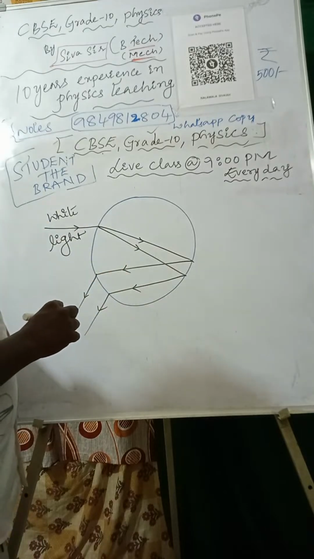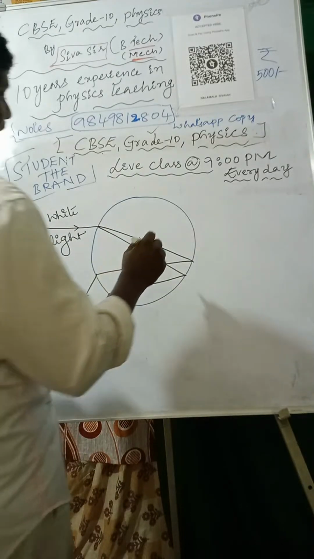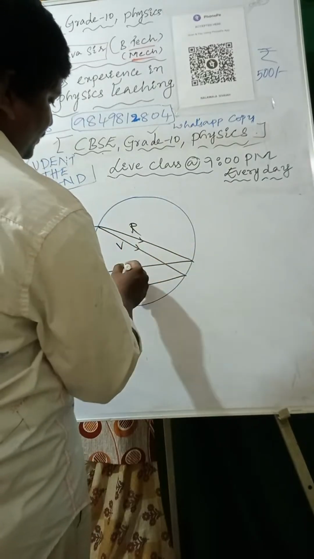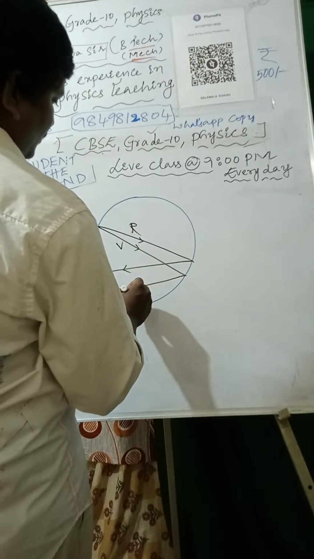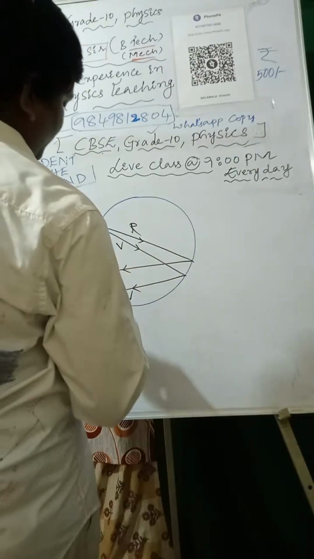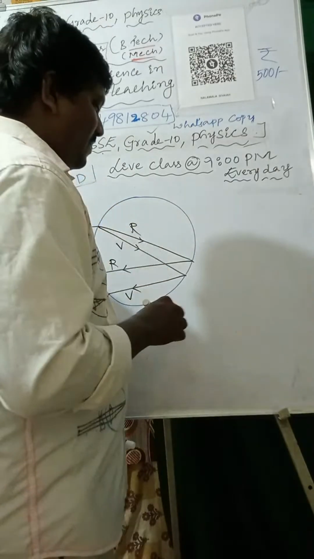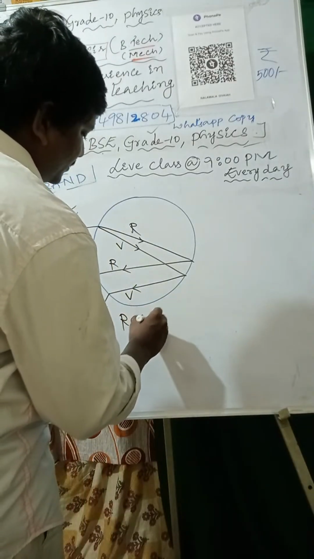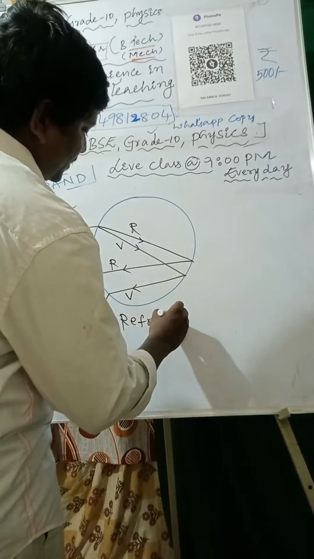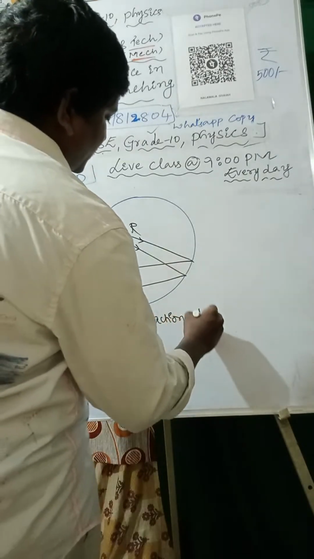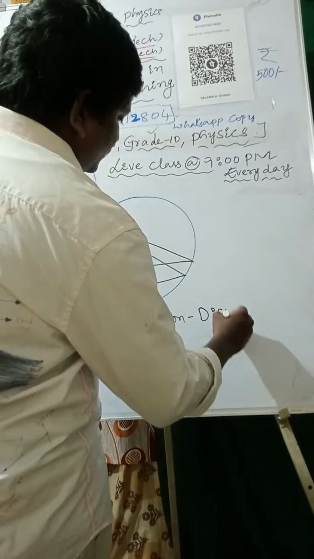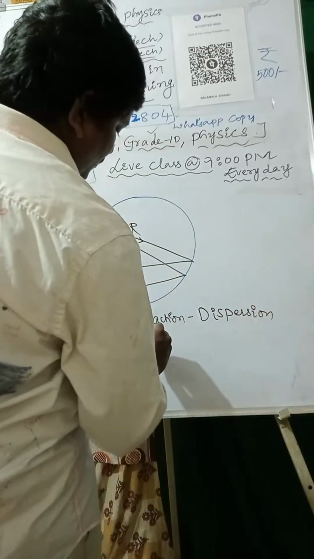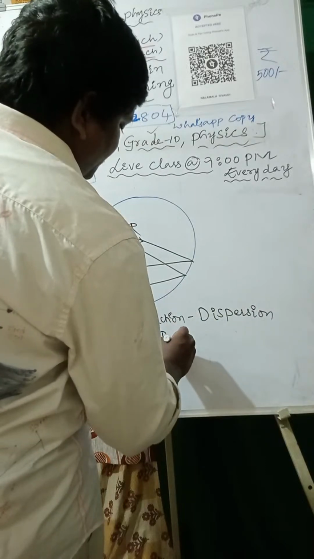Now you can see this is violet and red. So what is the phenomenon involved in it? Refraction, dispersion, and internal reflection.